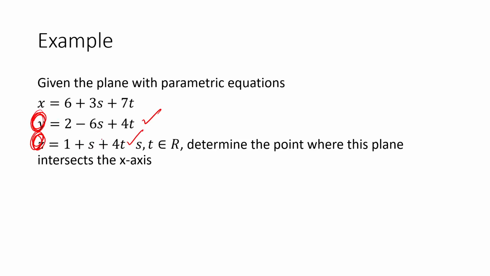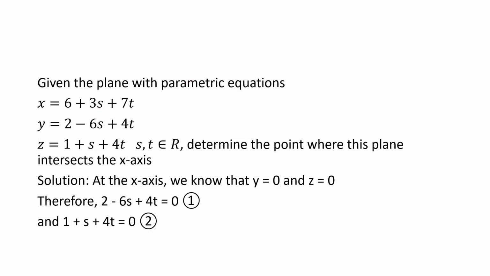When you do that, you get two equations with two unknowns. All we'll do is solve for s and t, and assuming we get a solution for s and t, we'll plug those in for x. We'll find out what we get, and we'll have a point.